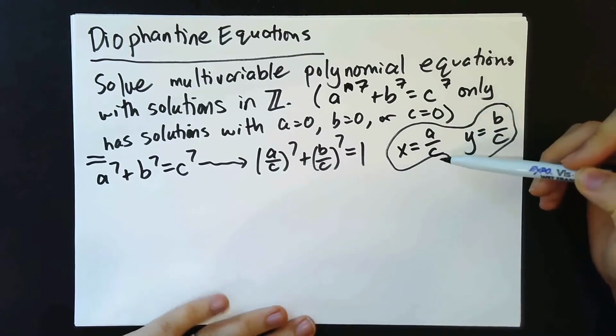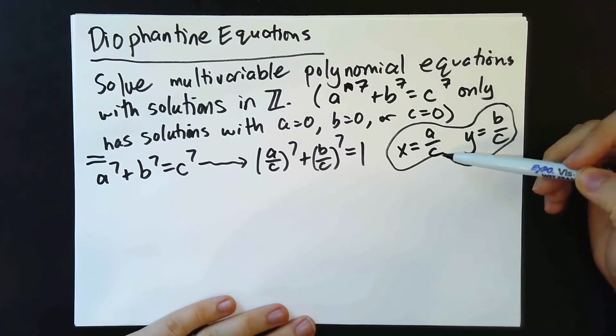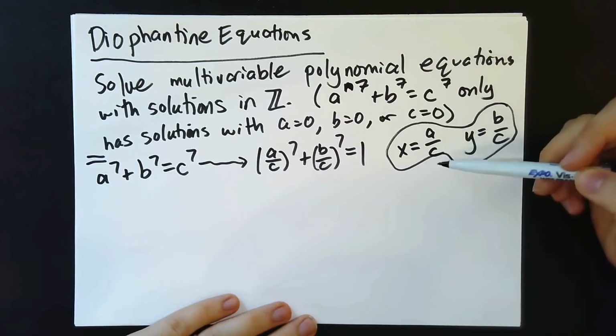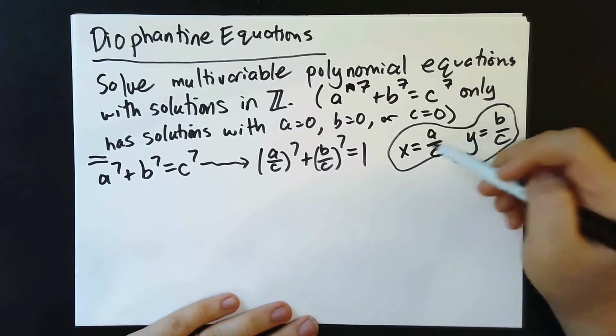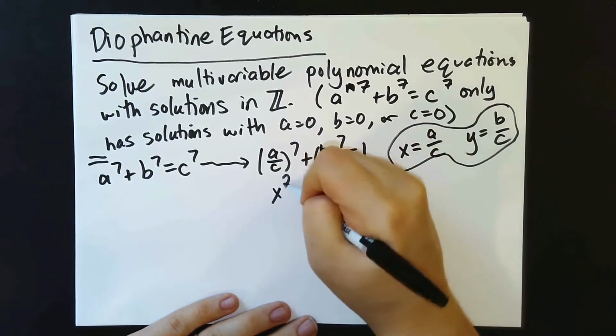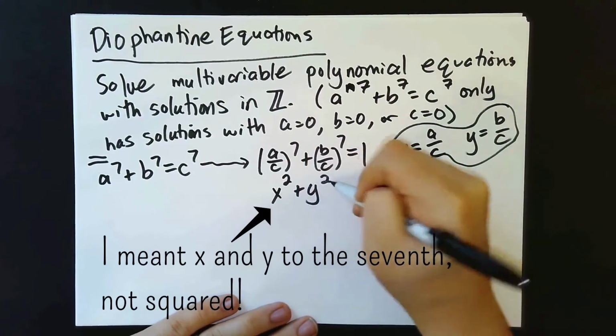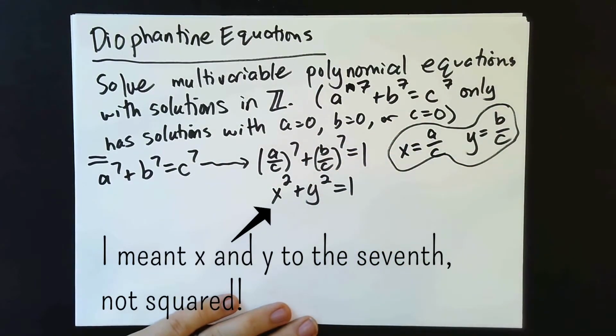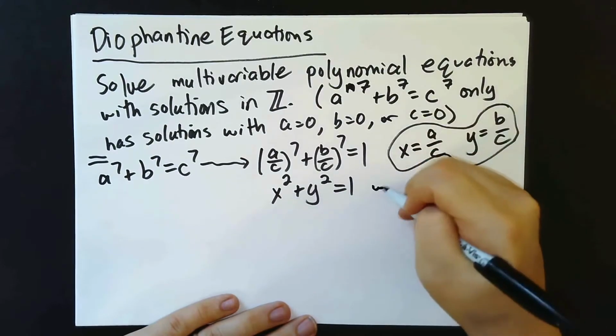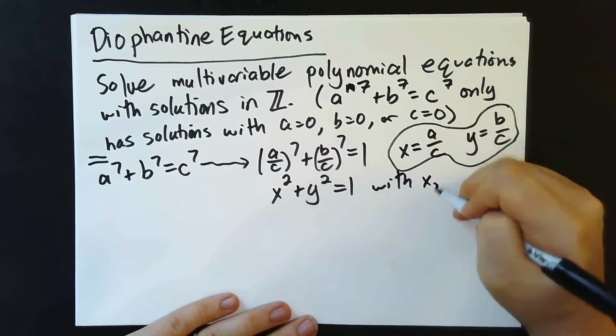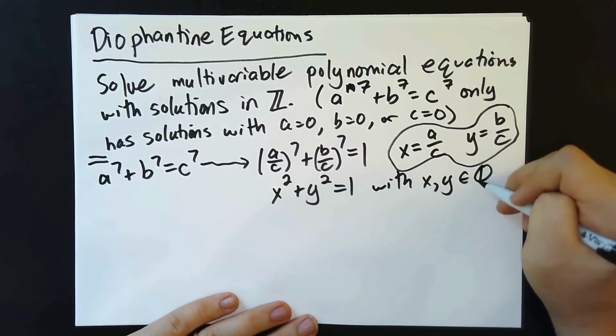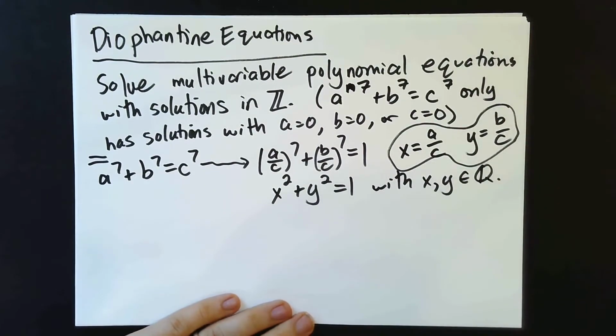And so likely these things are no longer themselves integers. Probably they're just regular rational numbers. But with this change of variables, I now am looking to solve the equation x to the 7th plus y to the 7th equals 1. Now with x and y in the rational numbers instead of in the integers.